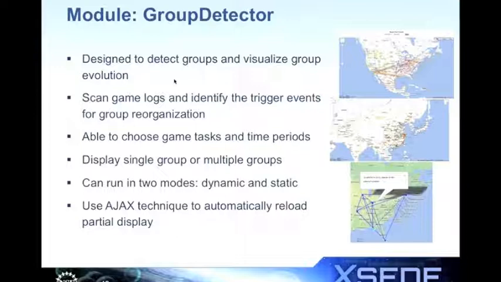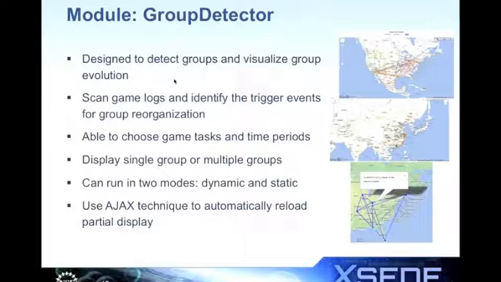The second module is the Group Detector. This module is designed to detect groups and visualize group evolution. This module scans game logs and identifies a trigger event for group reorganization. For example, a new member added to a task, a member leaves the team, or the task is complete.